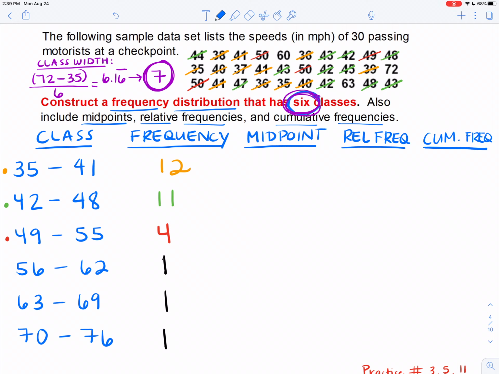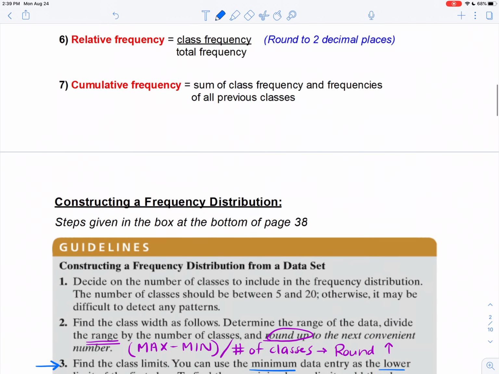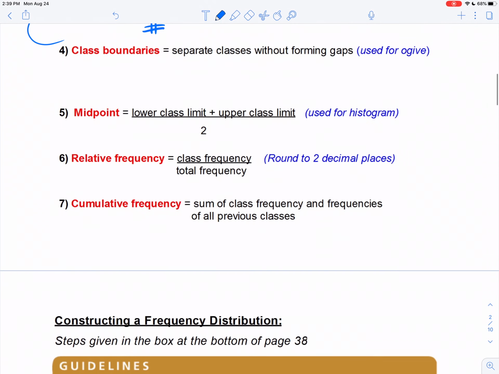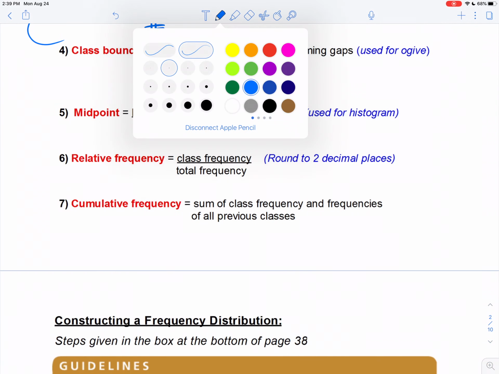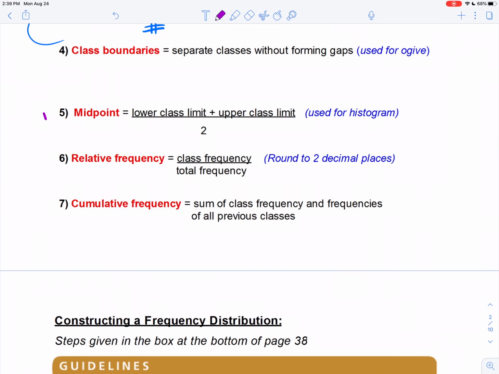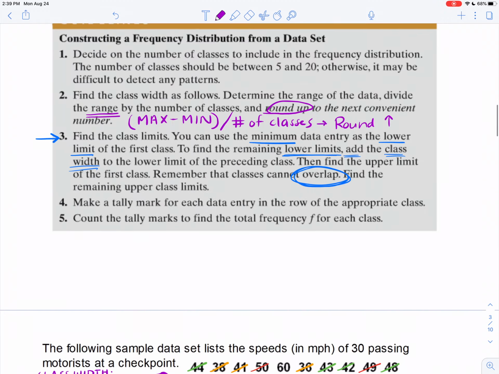All right. Now, if you look back on the previous page where I gave the important terms for this class, you'll see that each one of these basically has a little formula. So we'll start with the midpoint here. The midpoint is just the central value in each class. All you have to do to find that value is add the limits together and then divide by 2.